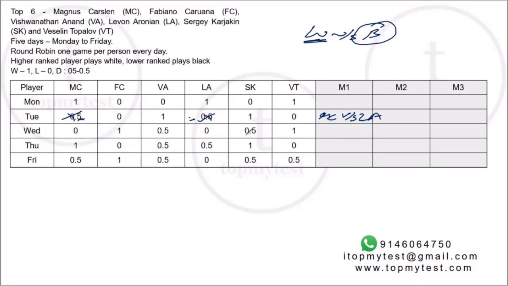On Wednesday, again, there was only 1 draw, which was between VA and SK. And VA will play white because VA is ranked higher than SK. So VA versus SK was a match. Similarly, on Thursday there was only 1 draw, again with VA versus LA. Again, VA will play with white because VA is ranked higher.